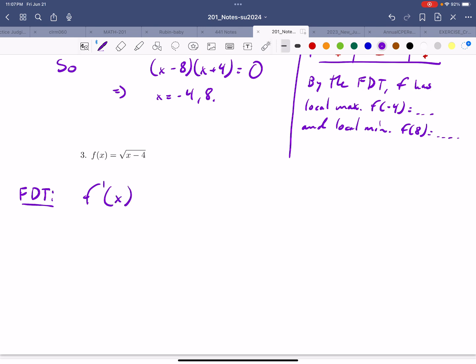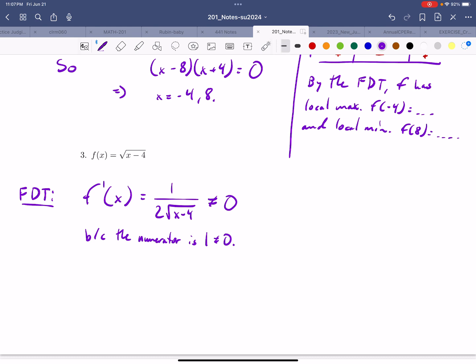F prime of x is going to equal 1 over 2 root x minus 4, times the derivative of x minus 4, which is just 1. Note that this does not equal 0, because the numerator is 1, which does not equal 0. You can't divide a non-zero number by something and get 0.